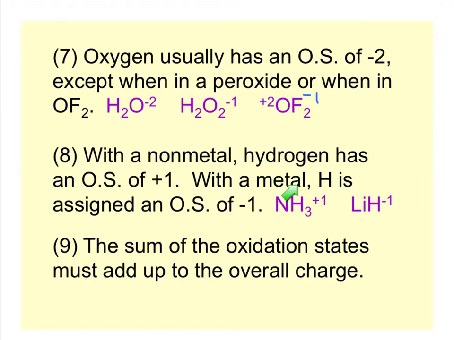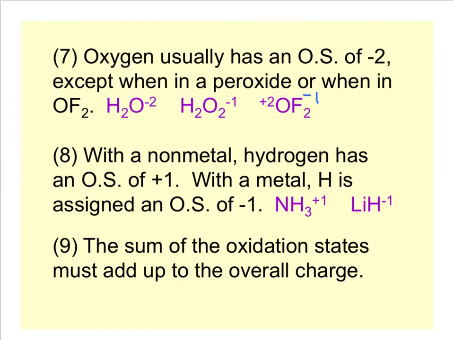So first example here is ammonia. Nitrogen is a nonmetal, so the hydrogen has an oxidation state of +1. Lithium hydride. Lithium is a metal, so it will give electron density to the hydrogen, and so hydrogen has a -1 oxidation state.